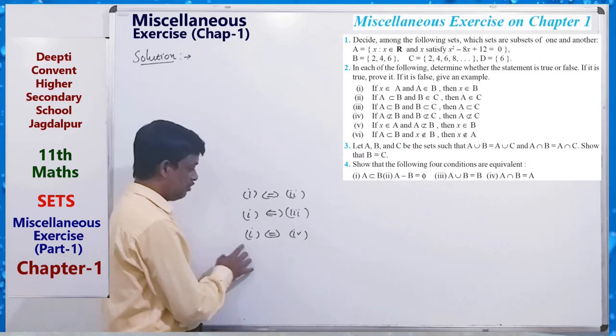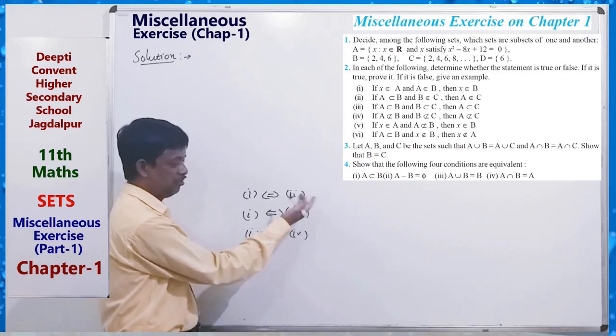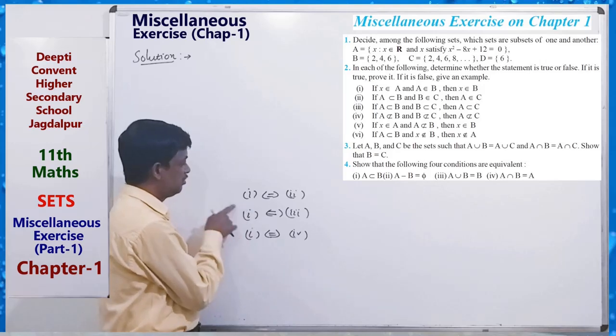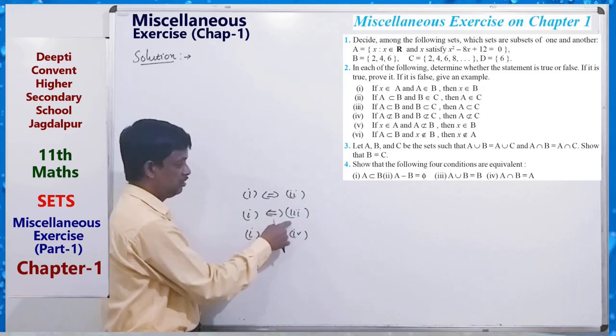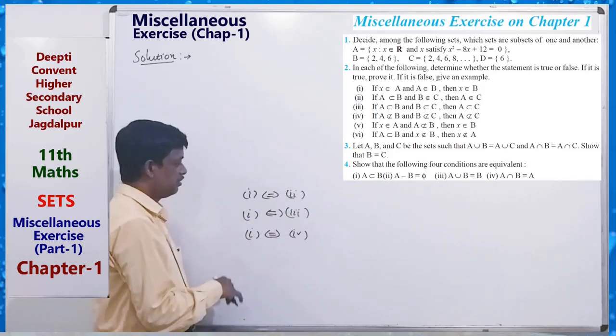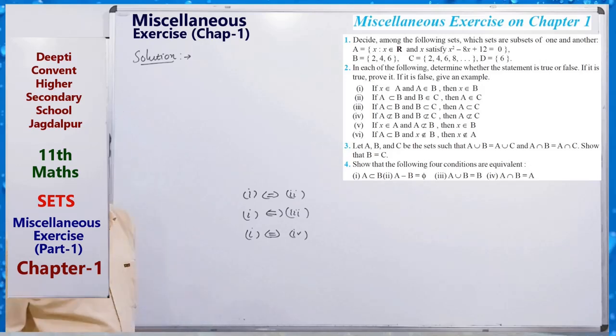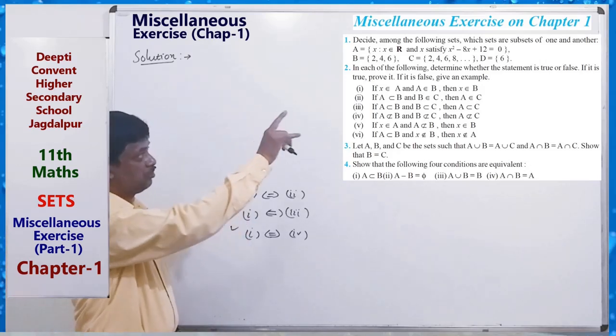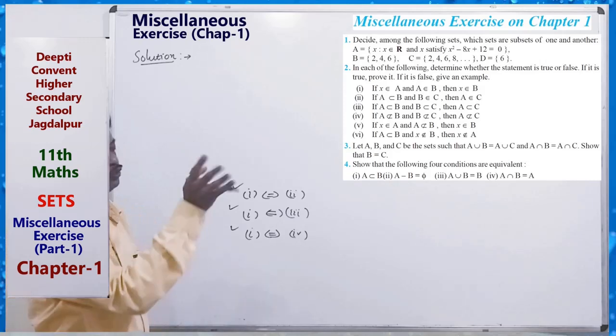How? 4 equivalent to 1, 1 equivalent to third, so 4 equivalent to third, third equivalent to 1, so 1 equivalent to 2, so third equivalent to 2. So just here we have to show these 3 conditions. 1, 2, 3, 4 are equivalent.